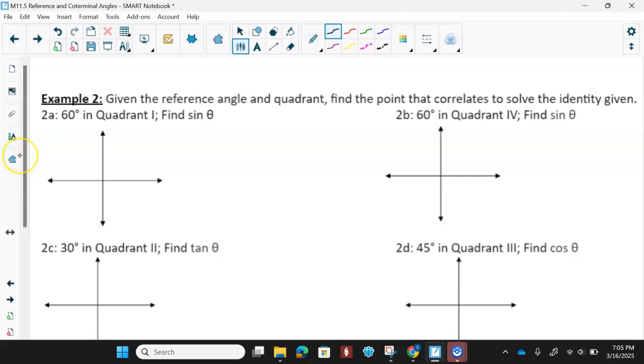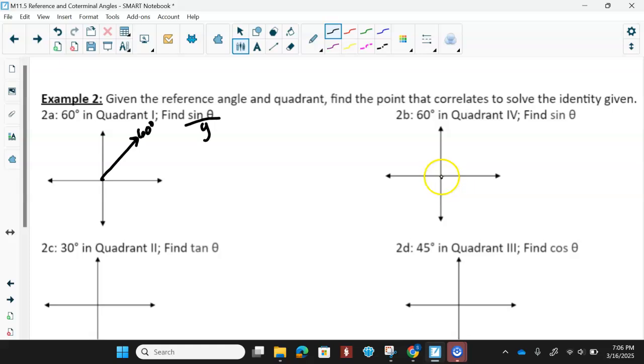So just a couple of these here. If I wanted to solve these problems as you go through, this is just to show you the application. Here, 60 degrees in quadrant 1. You're just focusing on the 60 degrees, find sine, right? Which is your y coordinate. But if I wanted to know 60 degrees in quadrant 4, well, quadrant 4 is here.